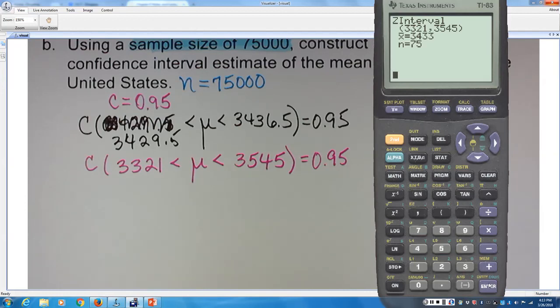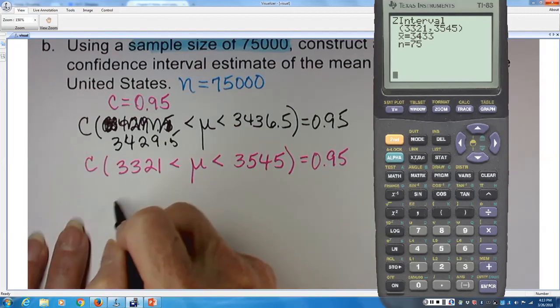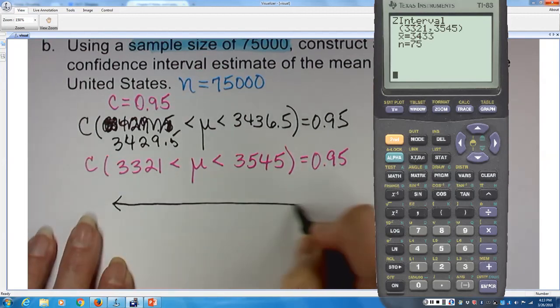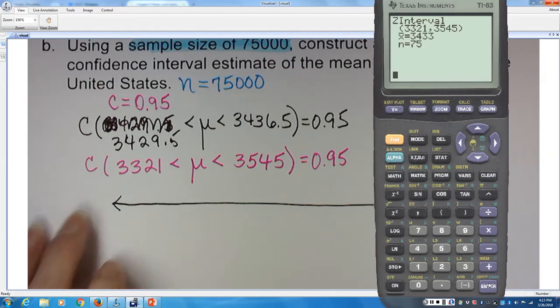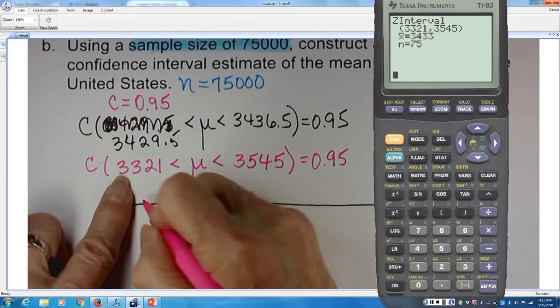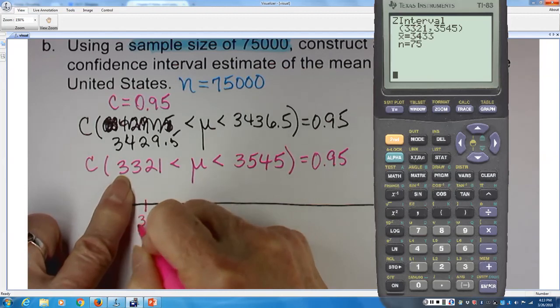That's right. It's double right there. Okay. So let's put things where they go. This one, here's 3321.